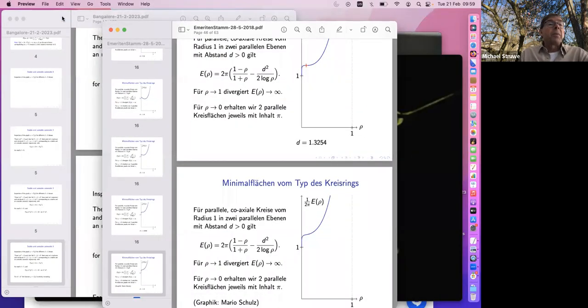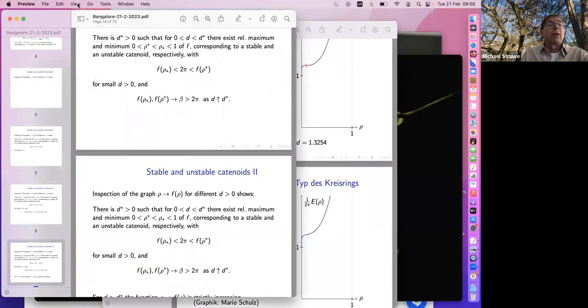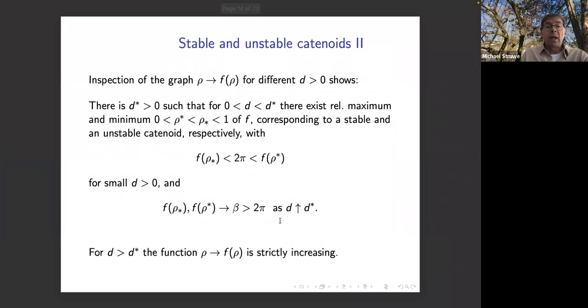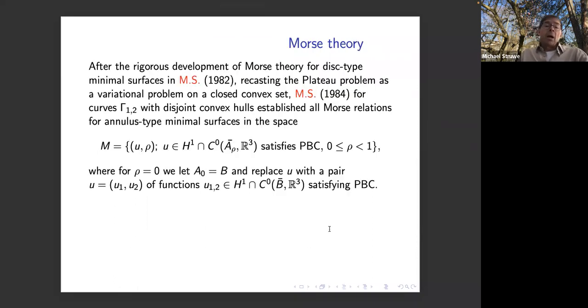So let's go back now to the main slide. So we've just seen these features of the graph, and now we come to a more general result summarizing what I just said happens in this concrete example.